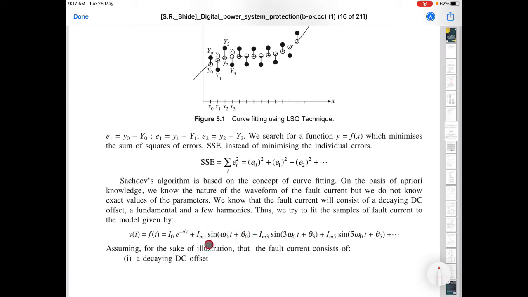It has the 3rd harmonic as well as the 5th harmonic, and it has a DC offset. The DC offset is a decaying DC offset: this is a constant, and this is an exponentially decaying waveform.